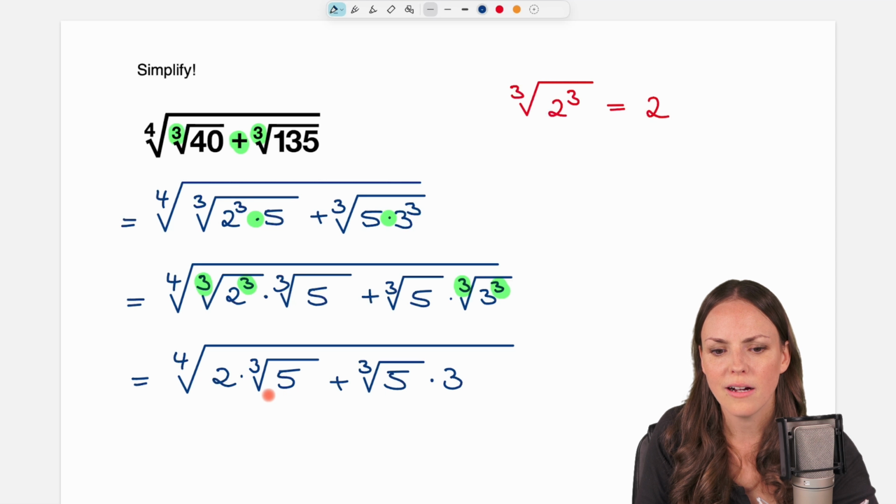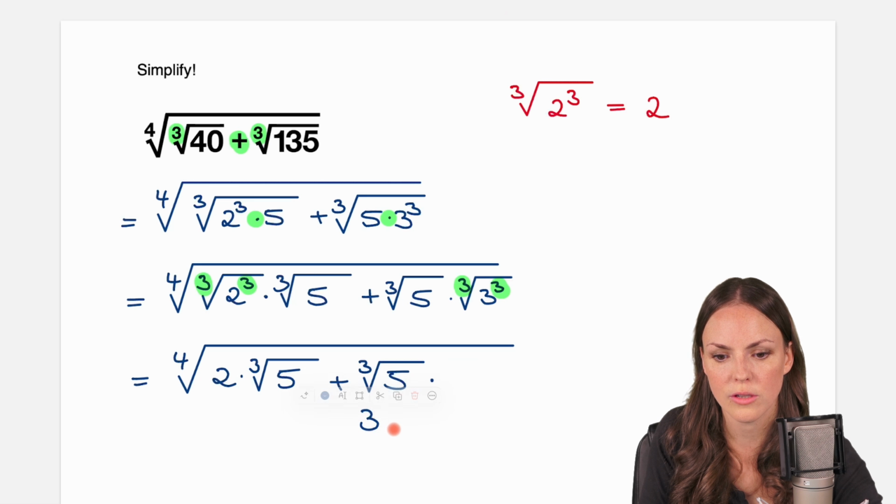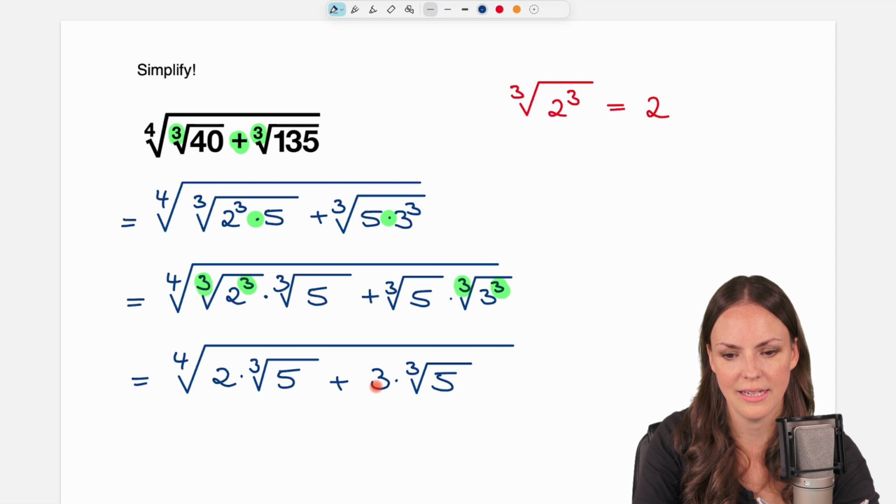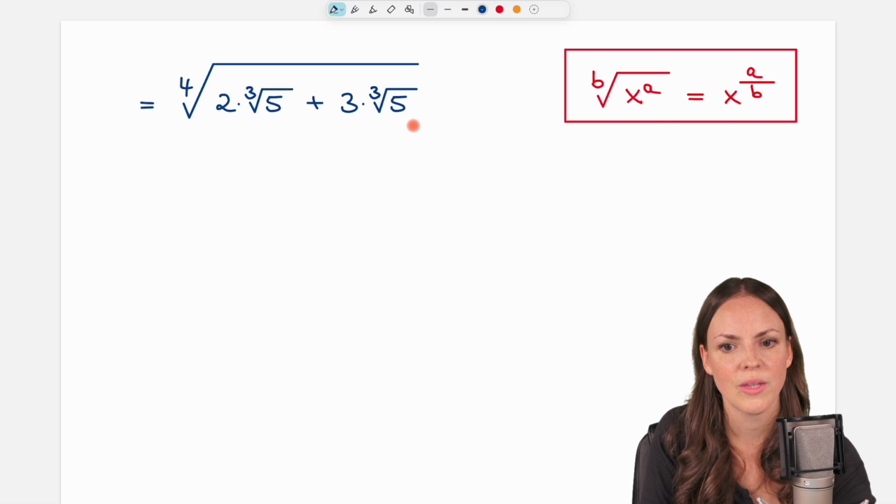And I'm a fan of having the numbers first, as it is here, and then the roots. So I would like to switch these two, so that I have the number first in front of my root. So I switch these two, and then we have this here right now.